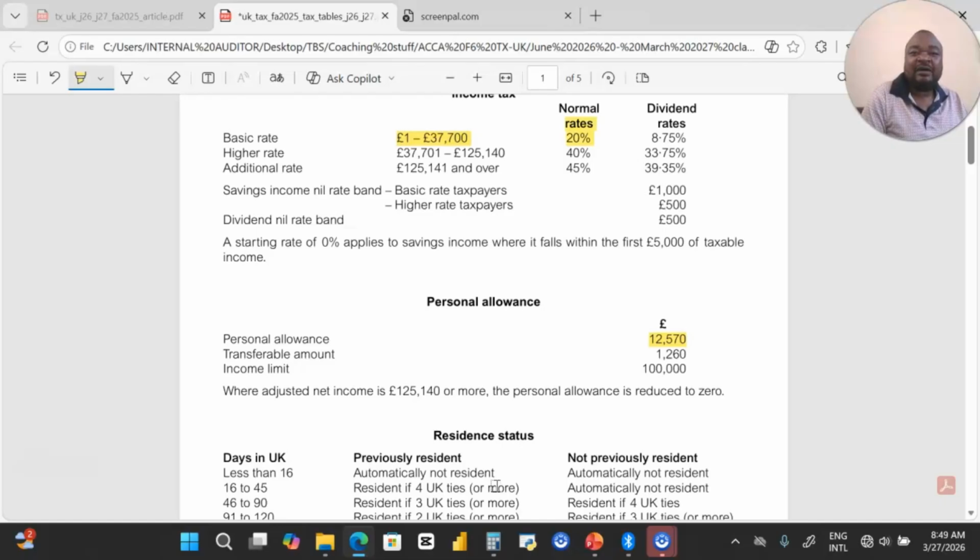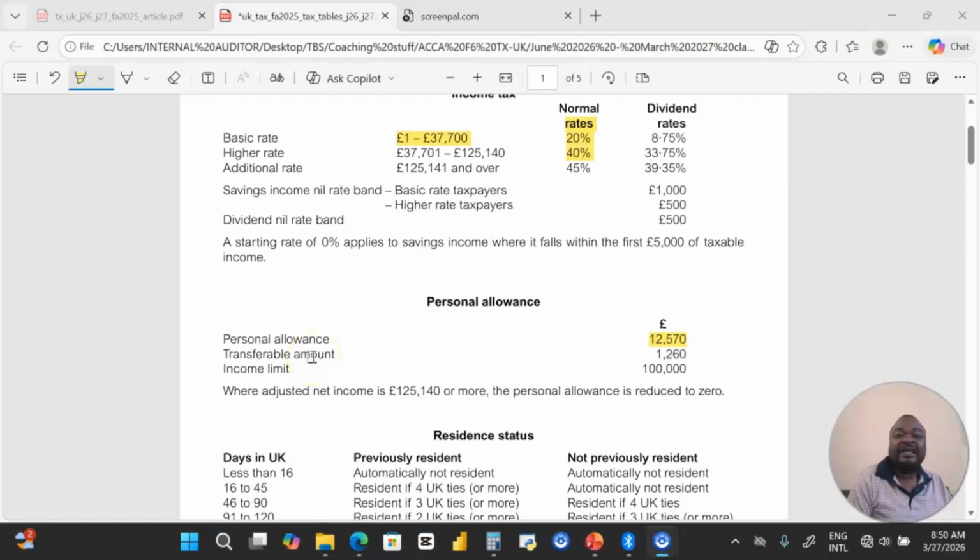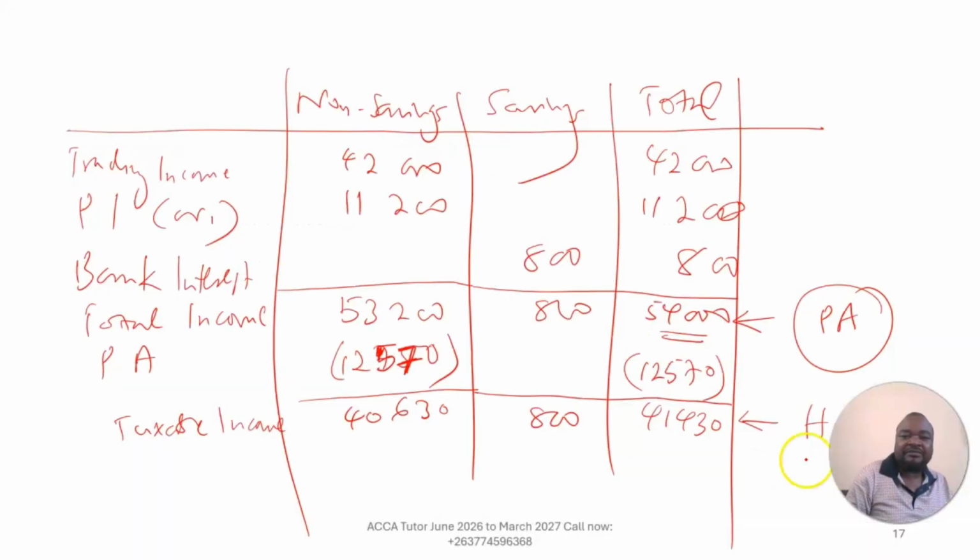Then an income between 37,701 and 125,140 is taxed at 40%. And then an income above 125,140 is going to be taxed at 45%. That's the additional rate taxpayer category. Now, let's get back to our computation.